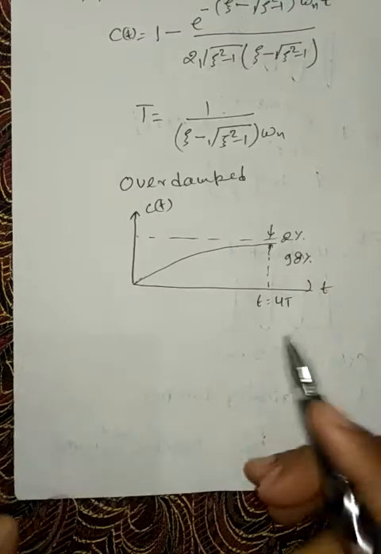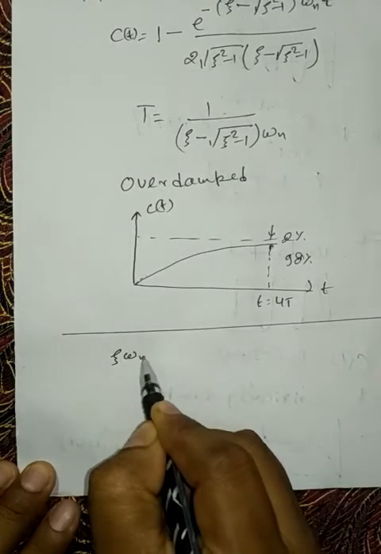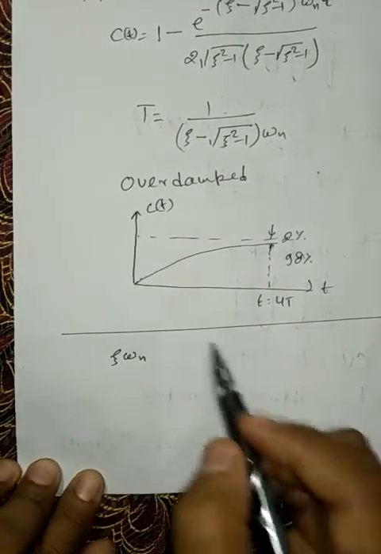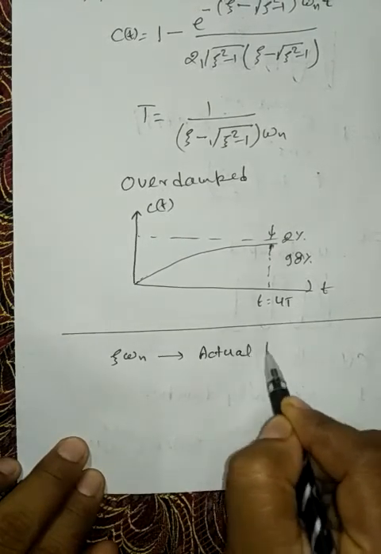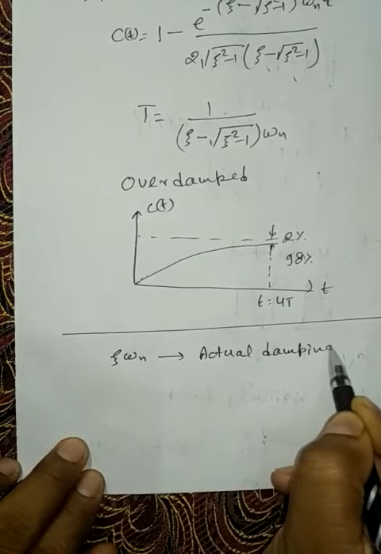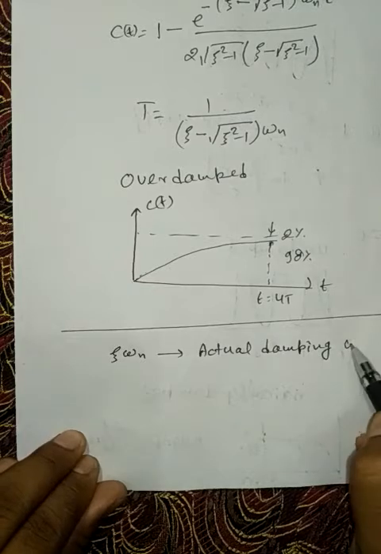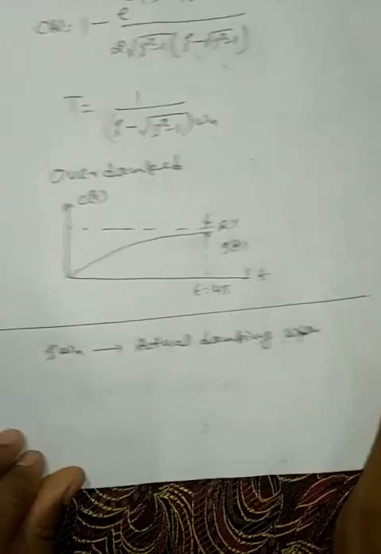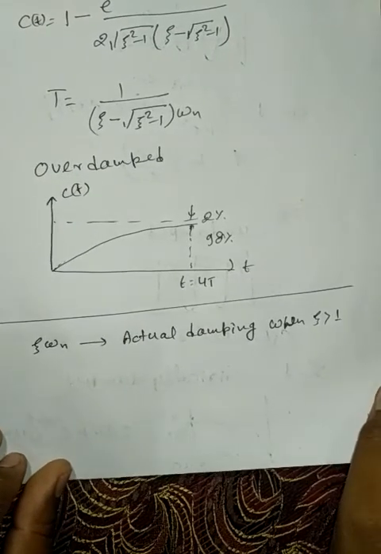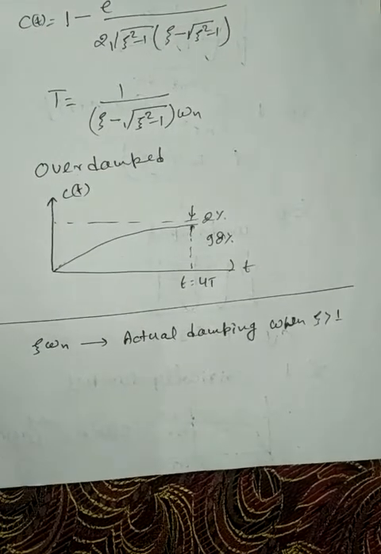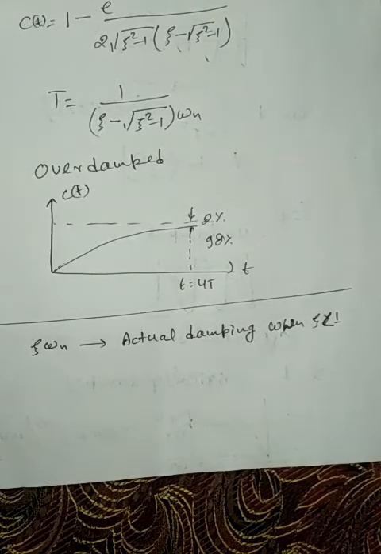Now, the term zeta omega n is the actual damping when zeta is less than 1.